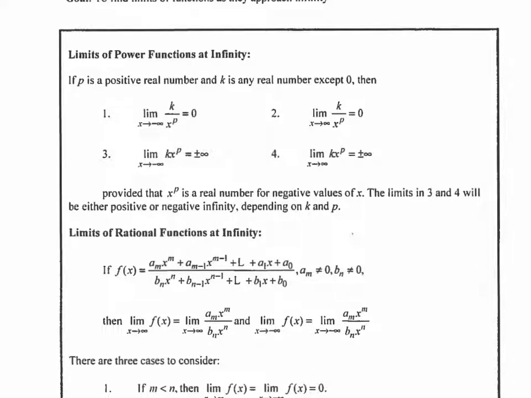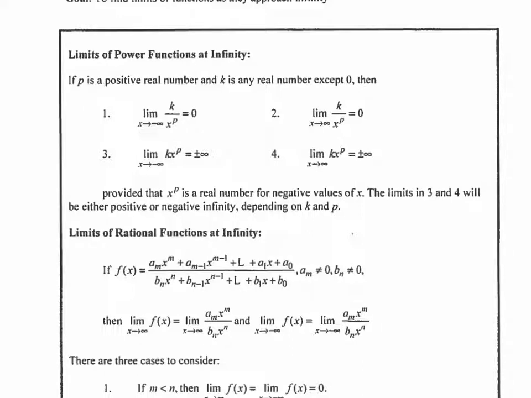The difference here is we don't have a fraction with our x in the denominator. We have some constant times x raised to a power. Now, if I am moving toward negative infinity, okay, and it's got the exponent on it, depending on whether it's an even exponent or not, it's either going to be moving toward a positive infinity or a negative infinity, right?